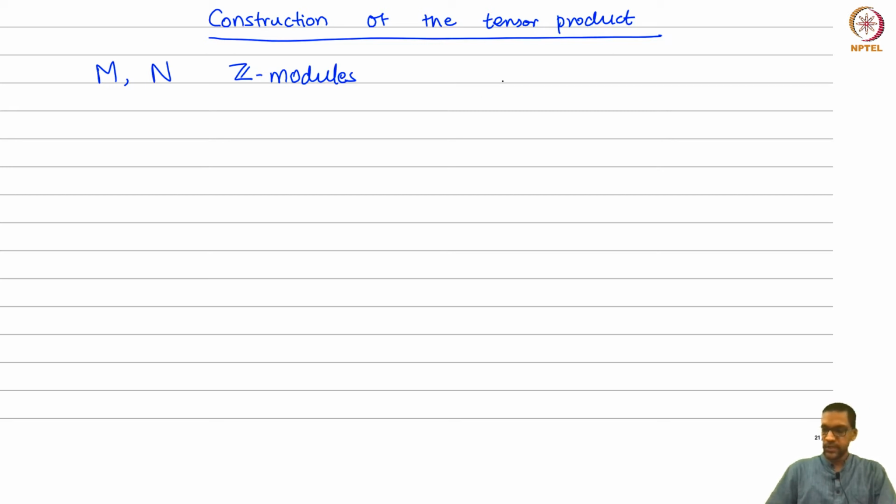Now, what was a tensor product? The tensor product was a pair T, alpha, where T is a Z module and alpha is a map from M cross N to T which is Z bilinear.